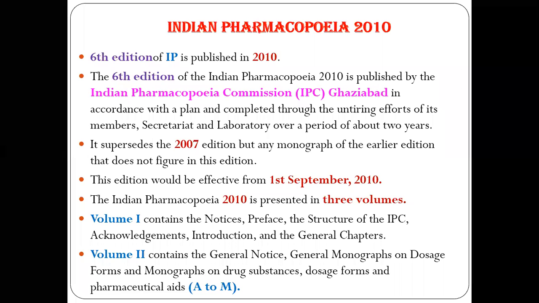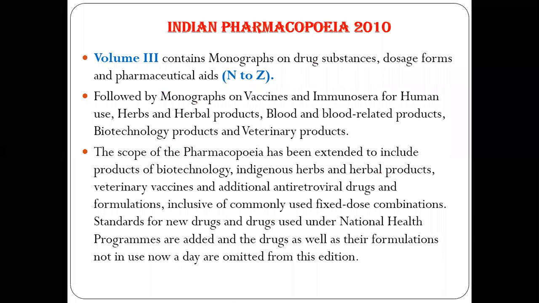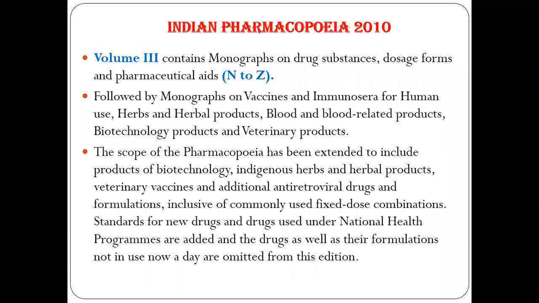Volume 2 contains the general notices, general monographs of dosage forms, and information about drugs alphabetically from A to M. Volume 3 contains the information on drugs from N to Z.